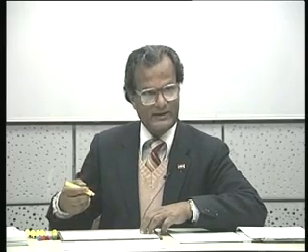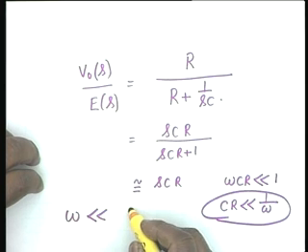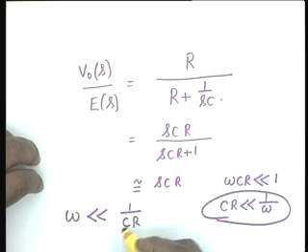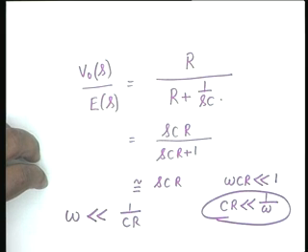Another way of saying this is that this would be a good differentiator for frequencies omega which are much less compared to 1 by CR. These are two ways of saying the same result. The product CR should be much less compared to 1 by omega, only then it will act as a differentiator.